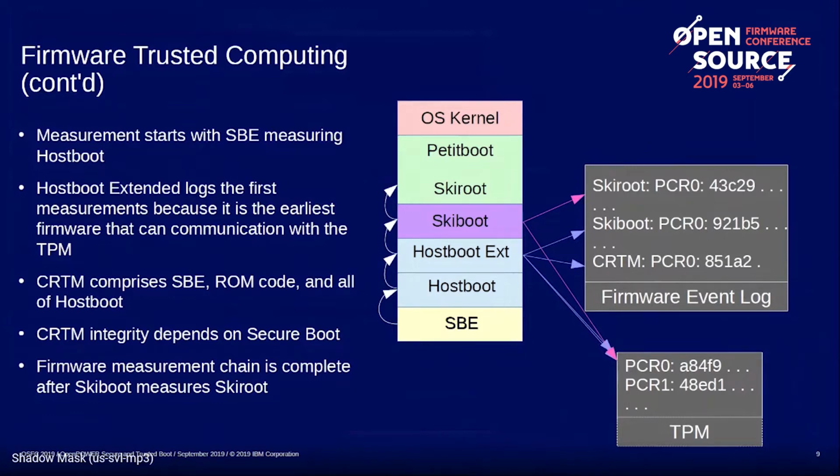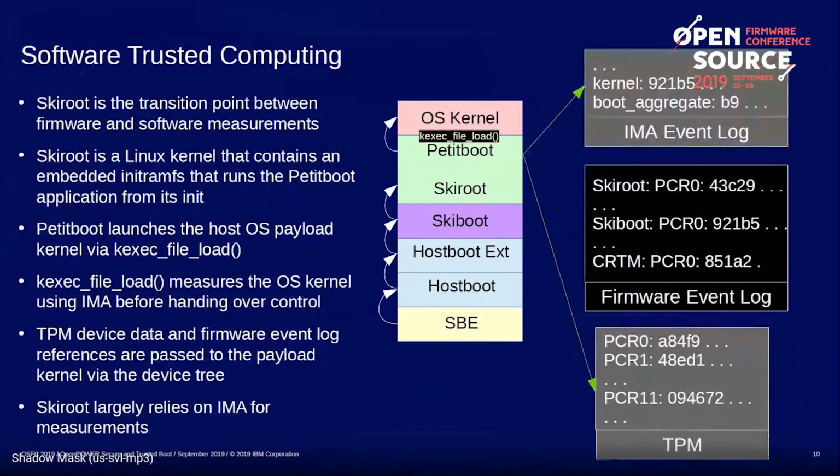So our CRTM comprises the SBE, the ROM code, and all of host boot. And the CRTM depends on its integrity being verified by secure boot, so the signing and verification of the firmware modules. And then the firmware measurement chain stops when skiboot measures skiroot, and that's when we transition to the software domain.